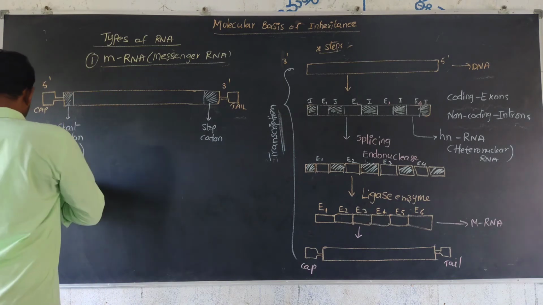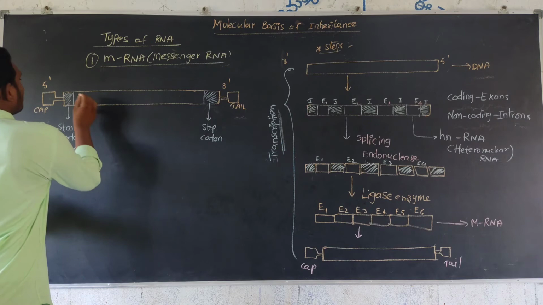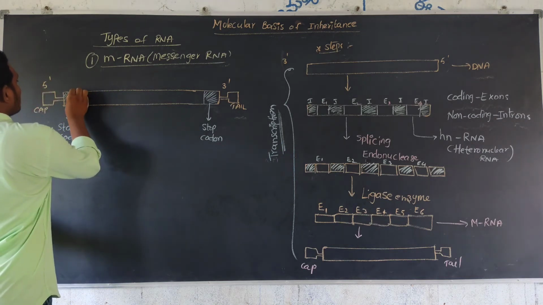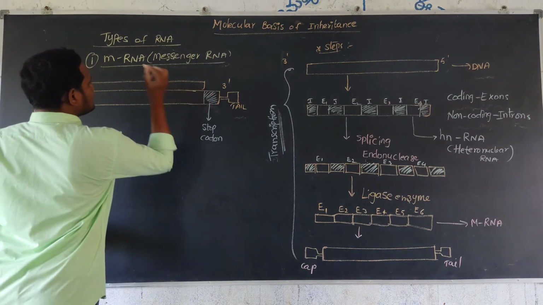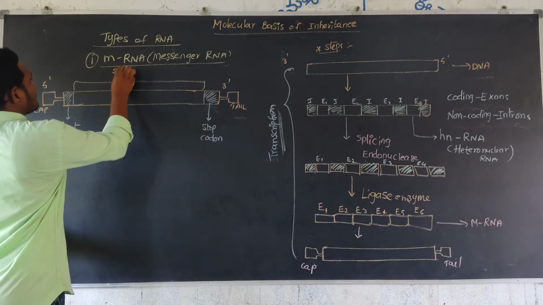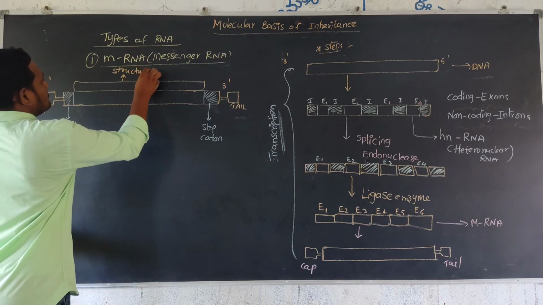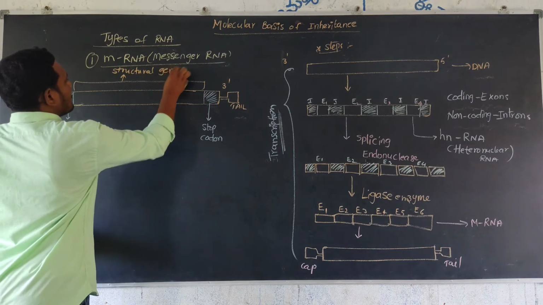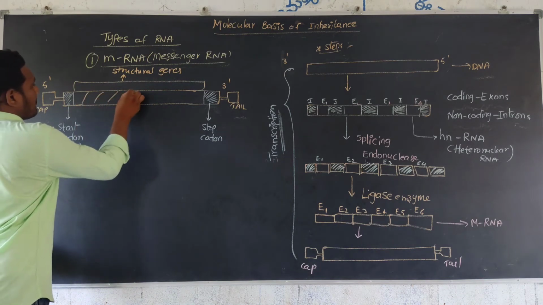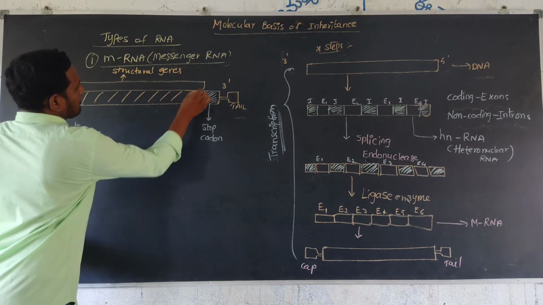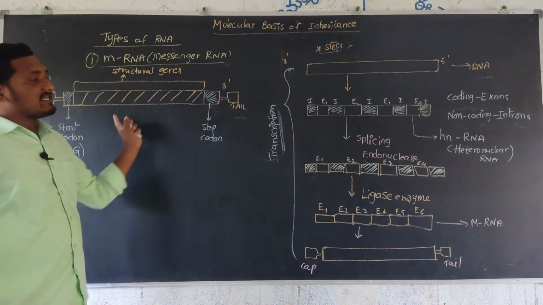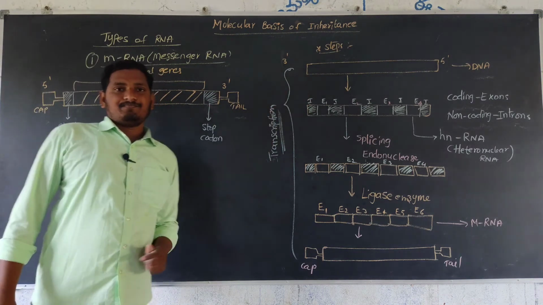Next, between the start codon and the stop codon, we observe this region. This region is where the structural genes are present. These structural genes have the genetic information from DNA.